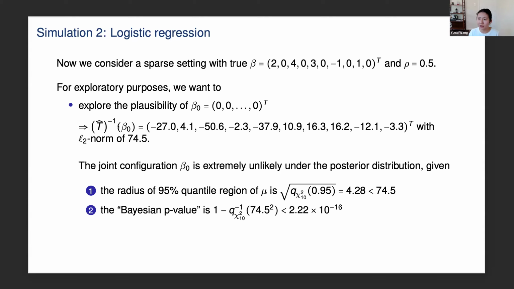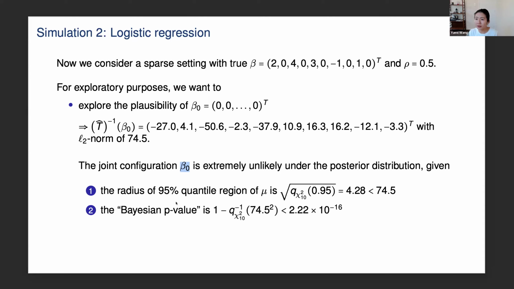I solve an optimization program to find its original location in a standard 10-dimensional Gaussian, which is just these coordinates. And this gives me an L2 norm of 74.5. So if you quantify the distance of this dot to the origin, it is 74.5. This gives me an idea that this joint configuration beta null is extremely unlikely under the posterior distribution.